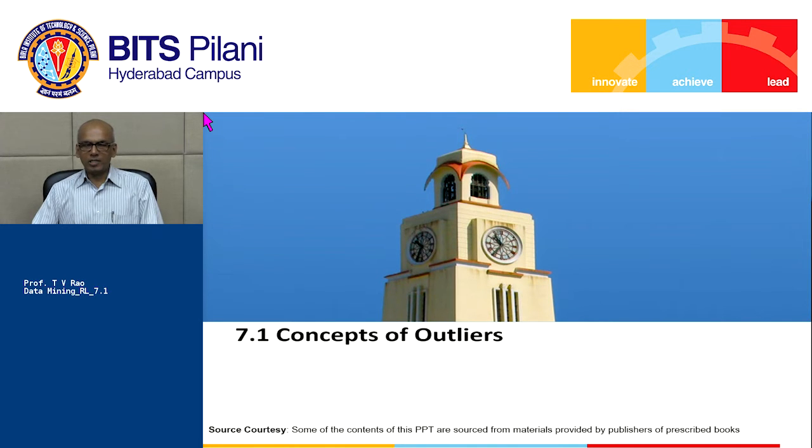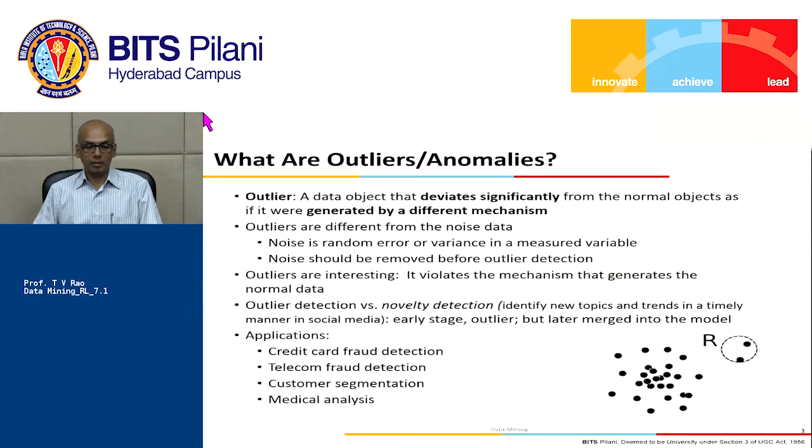And we will see what are the various techniques that are available to us in finding out those outliers. The outliers are very important from the business perspective. And finally, we will look at some of the challenges in finding out the outliers from the data.